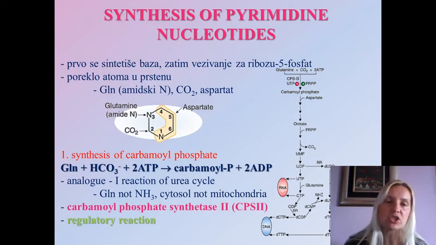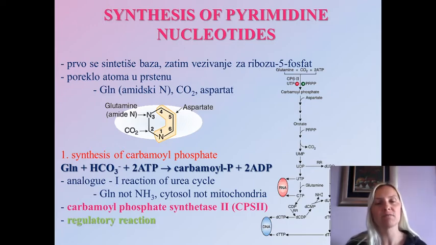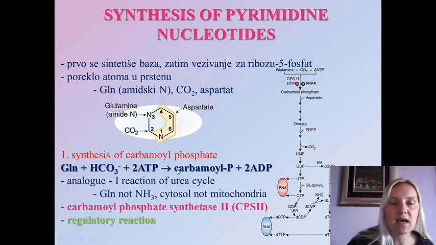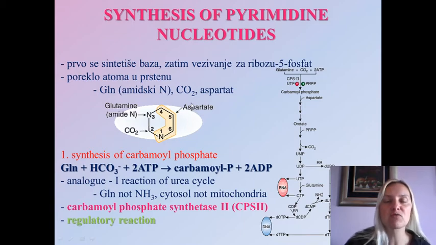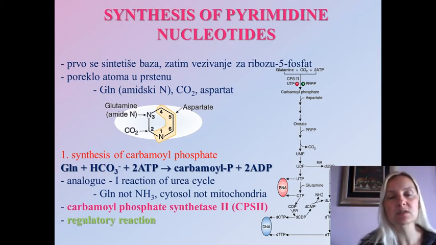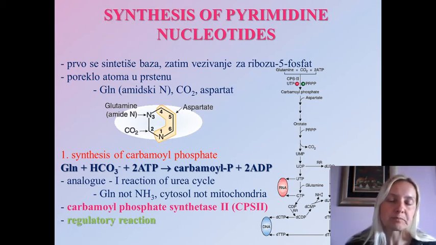So the origins of the atoms in the pyrimidine ring are as follows. The first atom in the heterocycle, which is a nitrogen atom, originates from the aspartate molecule. The second member of the ring, which is a carbon atom, originates from carbon dioxide or bicarbonate ion, which is its soluble form.